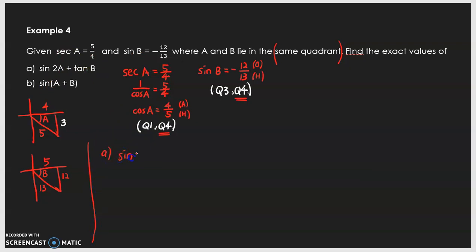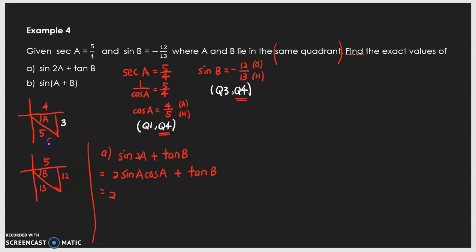Sine 2A plus tangent B. Sine 2A, we can change to 2 sine A cos A, plus tangent B. Here for 2A, we refer to the angle of A. Sine is opposite over hypotenuse.